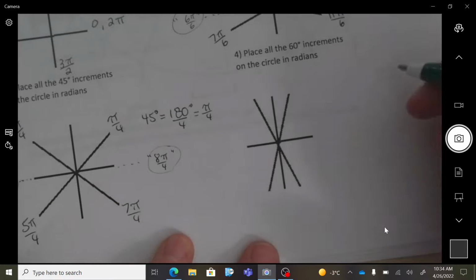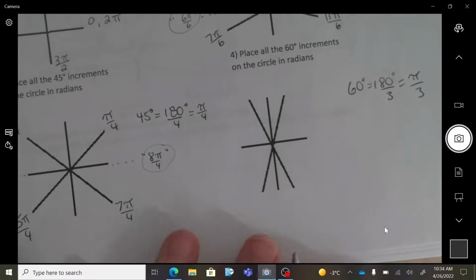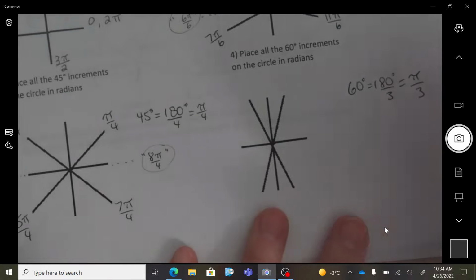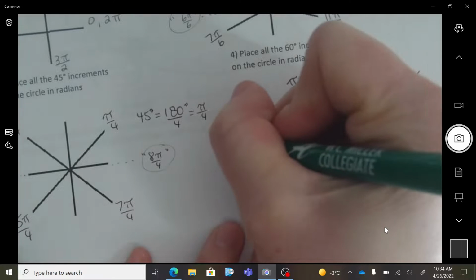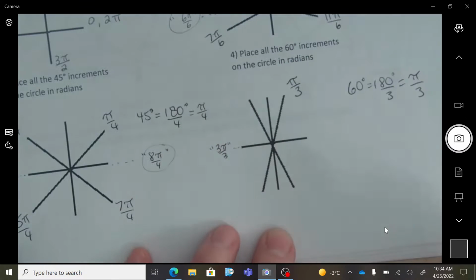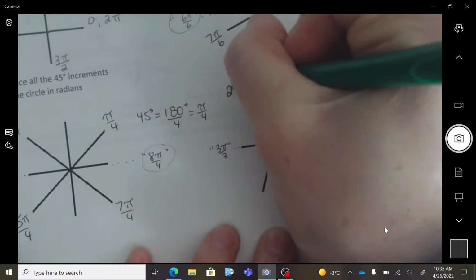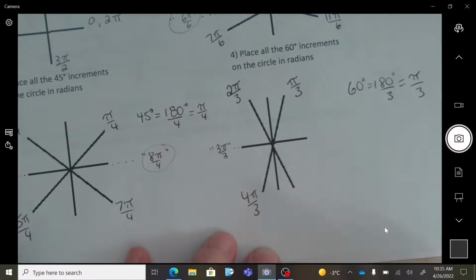And the 60-degree increments, so 60 degrees is 180 divided by 3. In radian language, that's pi over 3. So this will be pi over 3. In my head, this would be 3 pi over 3. So now this would be 2 pi over 3, 4 pi over 3.